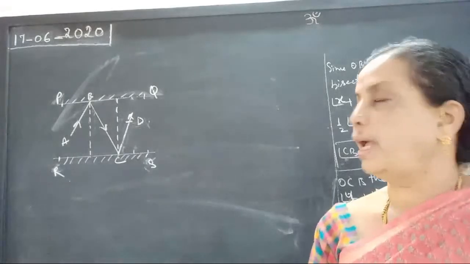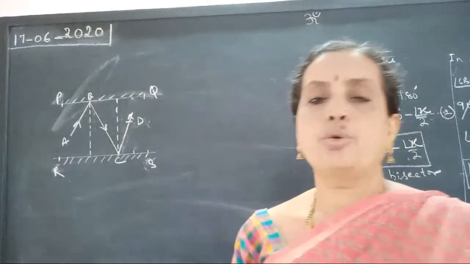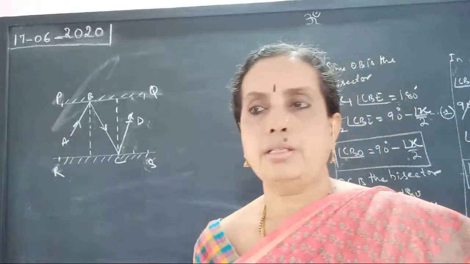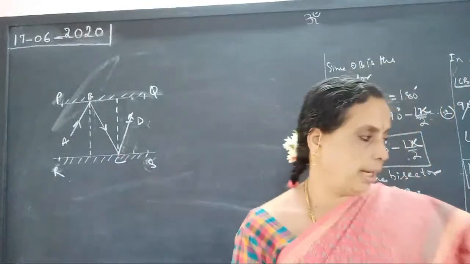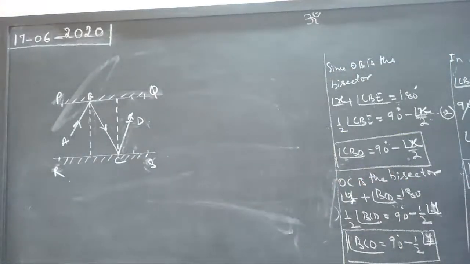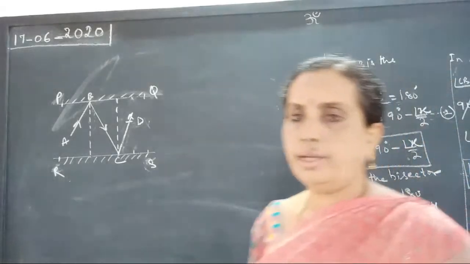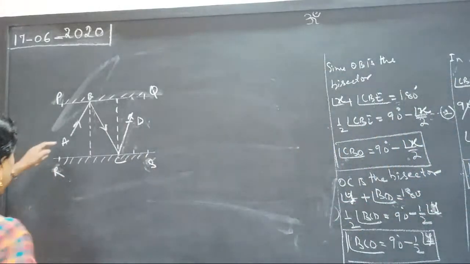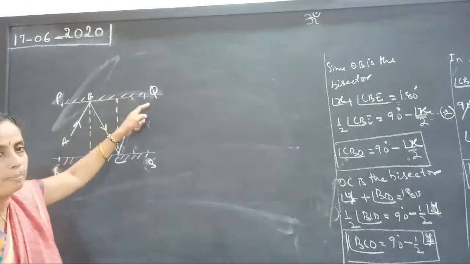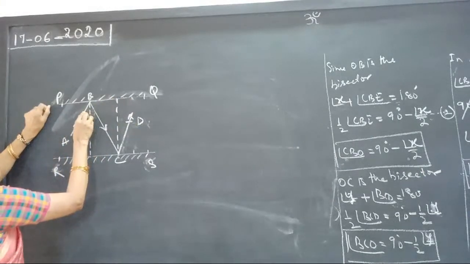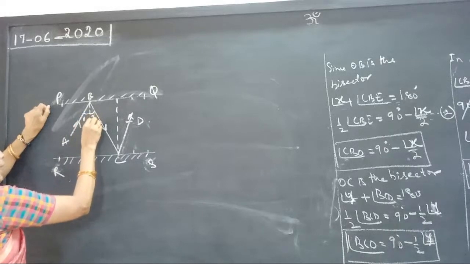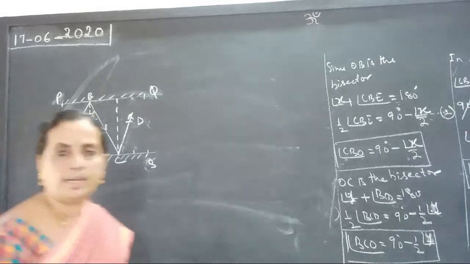To show the lines are parallel, there should be alternate interior angles equal, corresponding angles equal, or the sum of co-interior angles on the same side of the transversal equal to 180 degrees. So when AB is incident on the mirror PQ, the angle between this is the angle of incidence and the angle of reflection. I think it is not a new part.